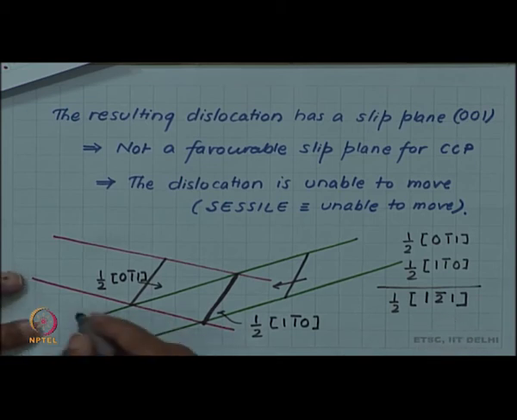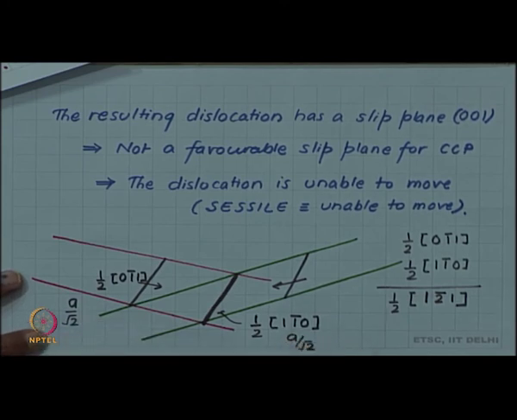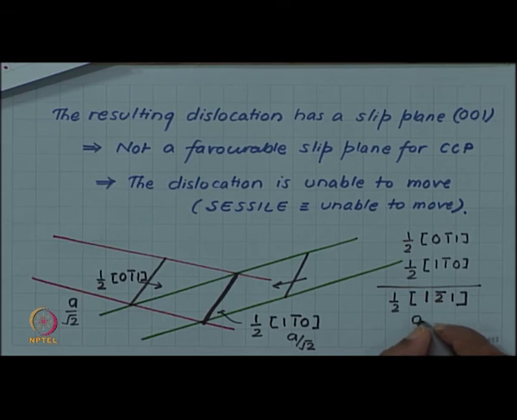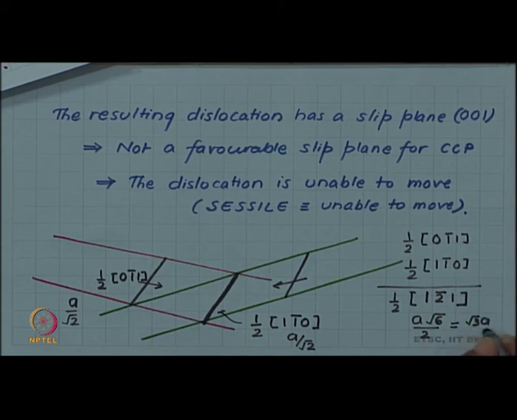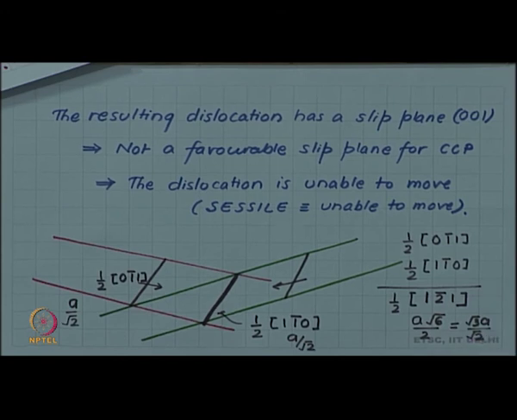These vectors were of length a by root 2 and a by root 2, whereas this will be of the length a root 6 by 2, or root 3 a by root 2.